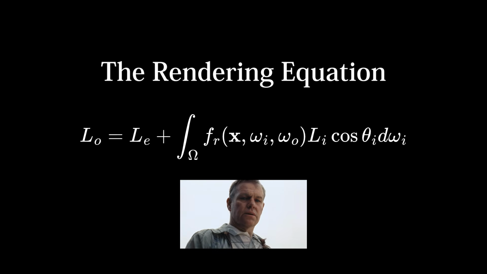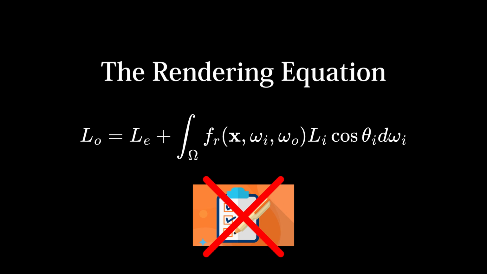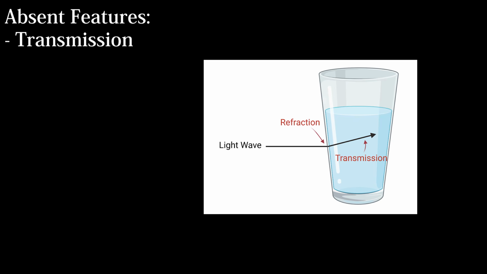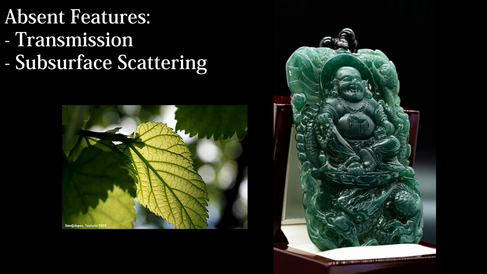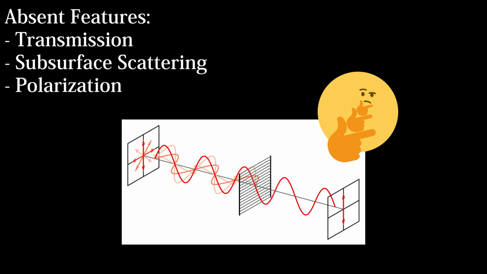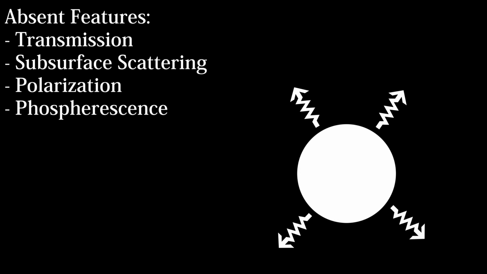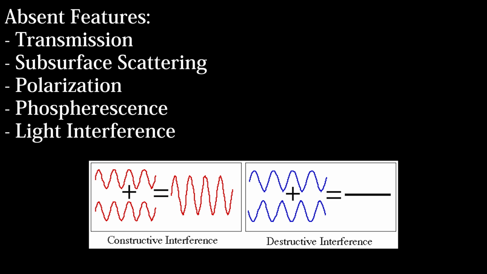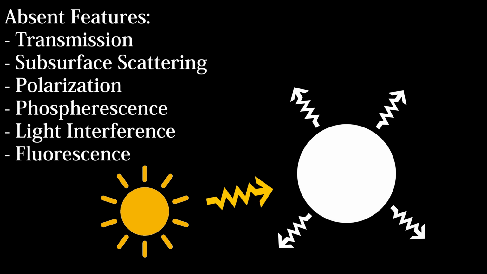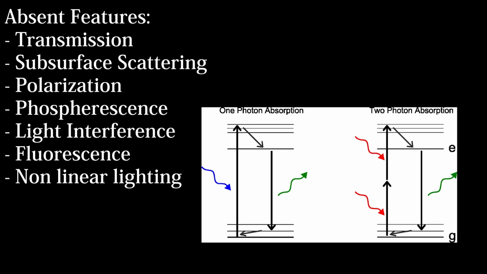This version is a bit outdated though, as it doesn't account for a number of other aspects of light behavior, such as transmission of light observed in translucent surfaces like glass or water, subsurface scattering of light observed in surfaces like jade or foliage, polarization of light, which is hard to explain, phosphorescence, which is when a surface slowly releases light it absorbed earlier, like glow-in-the-dark stars, light interference, which is when the wave of light is interfered with just like other waves can be interfered with, fluorescence, which is like phosphorescence, but the glow ceases immediately after radiation exposure stops, nonlinear light effects such as two-photon absorption.